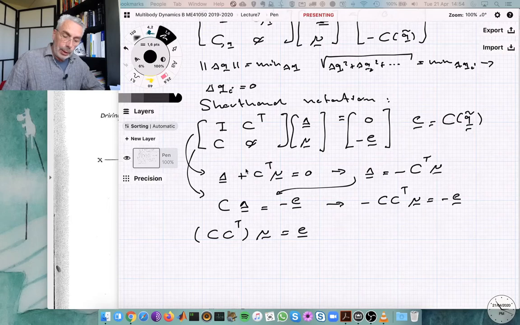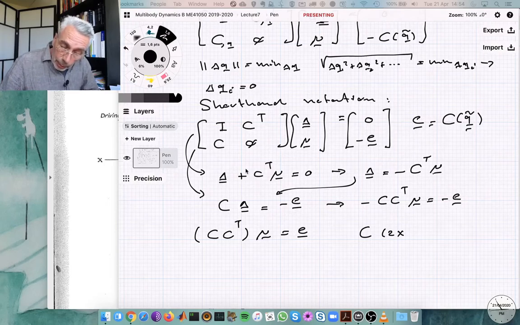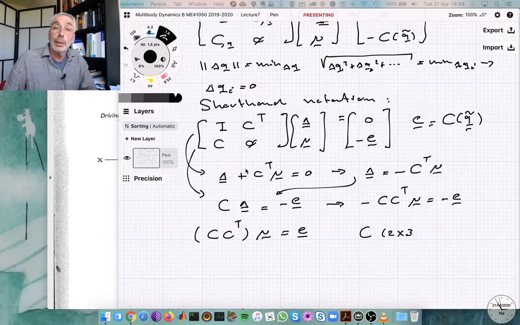Now, C times C transpose, what is the dimension of that? The dimension of the C matrix is the number of constraints. So let's take our example in this case, this 4-bar mechanism. Then we have 2 constraints, and we have 6 coordinates, right? We have 3 rigid bodies. Well, in this case, we have 6 rigid body coordinates, but we have 3 generalized coordinates, because we write everything in generalized coordinates.